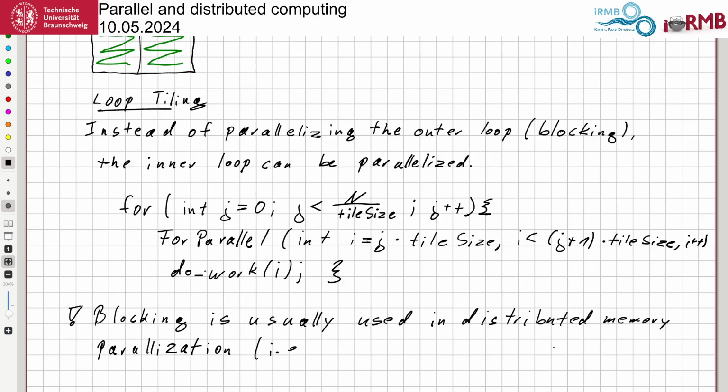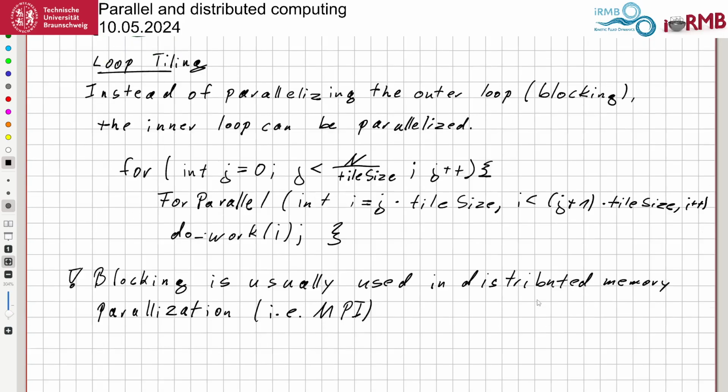This is the way we do things in MPI. Tiling, on the other hand, is used in vector computation, vector parallelization.